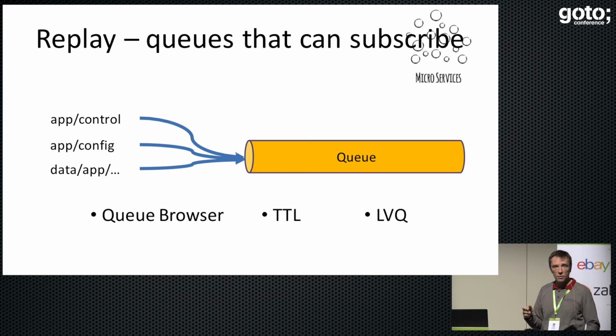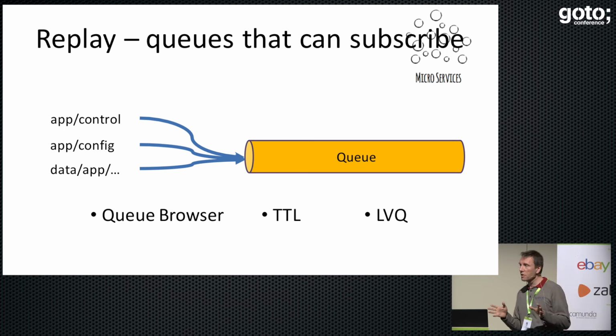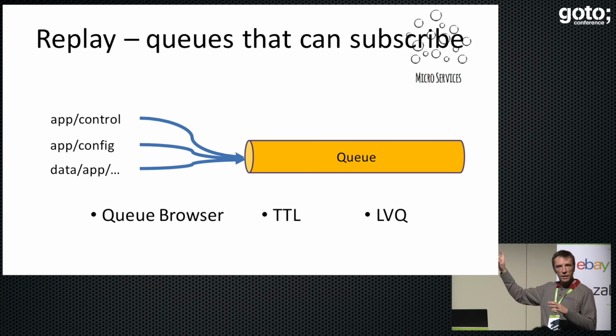You can just add subscriptions during messaging operation. What that means in this replay of state idea is that we can create a state queue that listens to all of the information that's relevant for our application state. It could be configuration data, and it's probably going to be our app data too, our data stream.